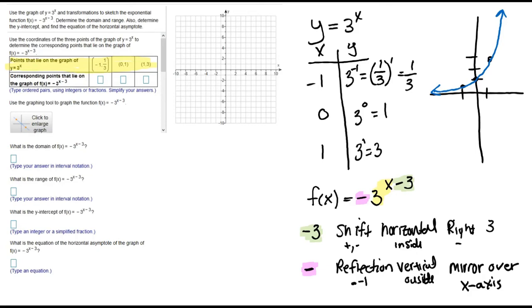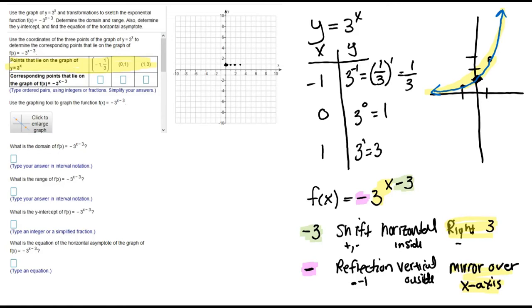So if we were to do these two transformations, we would take this original graph right here, and we want to shift it to the right 3 and reflect it or mirror it over the x-axis. So that would take this point right here, which is 0, 1. We're going to move it to the right 3.